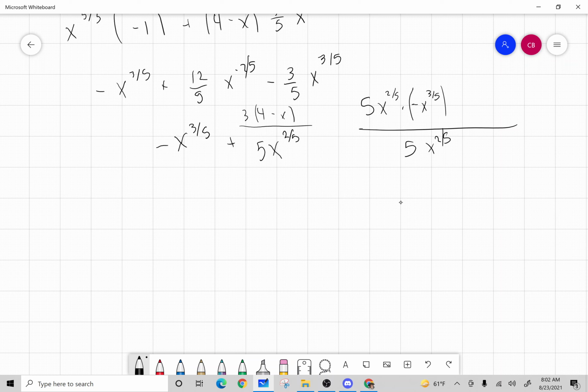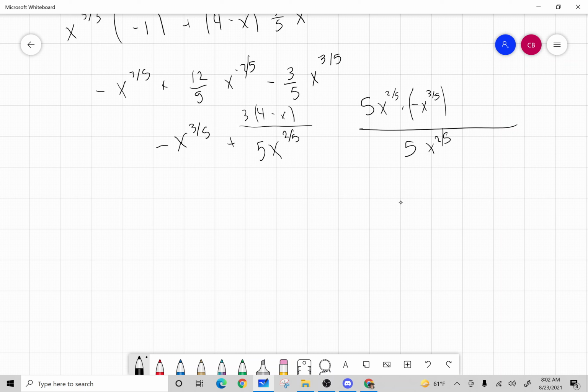This is going to be negative 5x, since 5x to the 2/5 times x to the 3/5 is x, plus 3 times 4 minus x, over 5x to the 2/5.